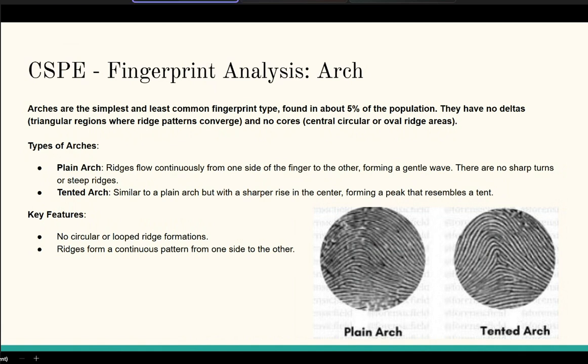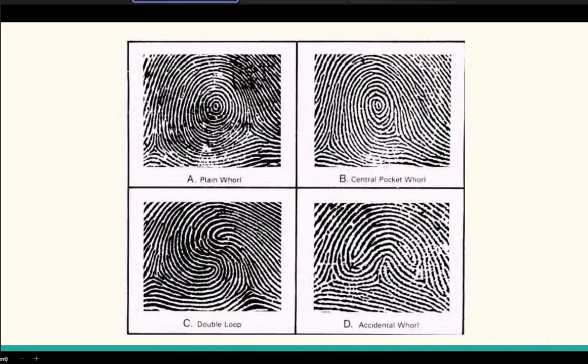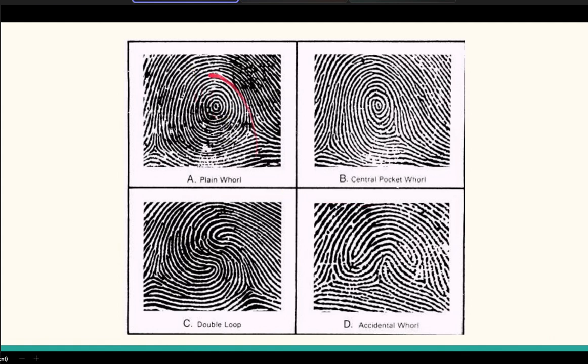The next type are whorls, and this is the diagram for them. Whorls are more complex, and they're found in 30 to 35% of the population. They have at least one ridge that makes a complete circuit, and they feature two deltas. So you can see, unlike the arch ones, which had no deltas, the whorls have two deltas.